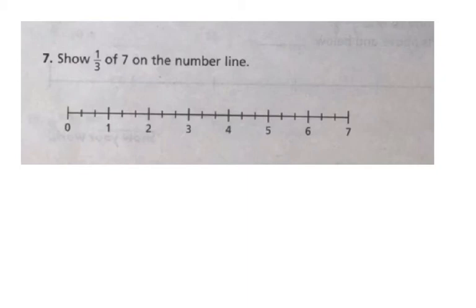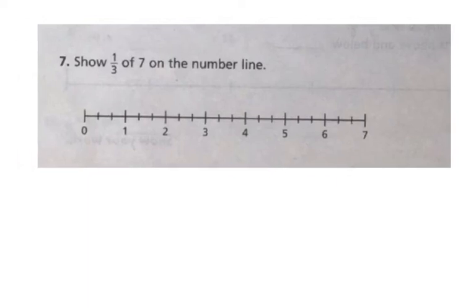Well, we can see here that we have 7. The number line is 1 through 7. So we have 1, 2, 3, 4, 5, 6, 7. So this number line is broken up into 7 equal groups. In those 7 equal groups, we can see that each one of those is broken up into 3 equal parts.